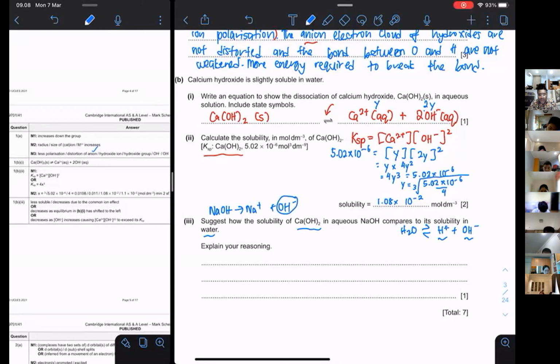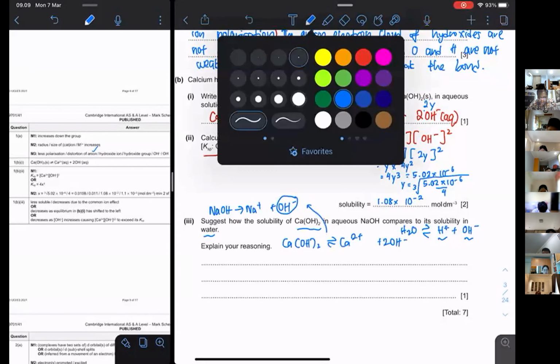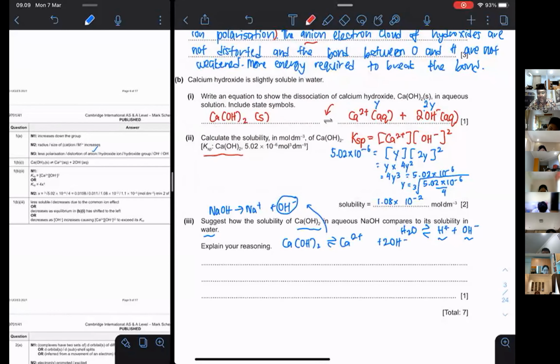So if I put calcium hydroxide into sodium hydroxide solution, and if I put it in water, what I will have is, we know that calcium hydroxide has this equation: Ca2+ and 2OH minus. When I put them in this particular solution, I will notice there is a presence of OH minus, which is what we have learned as the common ion, the same ion.